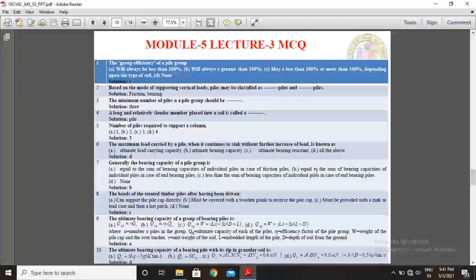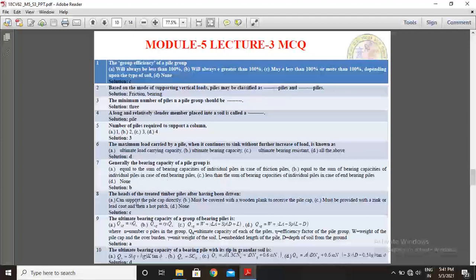Second option, equal to the sum of bearing capacity of individual piles in case of end bearing piles. Third option, less than the sum of bearing capacities of individual piles in case of end bearing piles. Fourth option is none. Option is B, that is equal to the sum of bearing capacity of individual piles in case of end bearing piles.